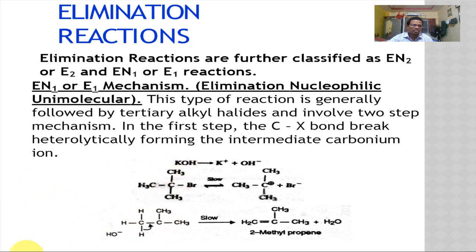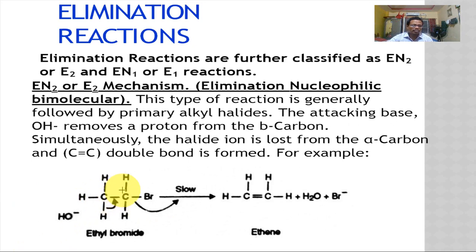Here the elimination of nucleophile Br minus at this side and OH minus at this side happen at the same time. That is the reason it is called bimolecular. It depends on both the ethyl bromide and the base. So this is the rate determining step.